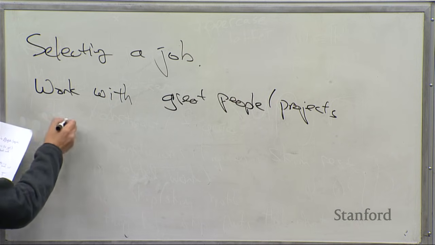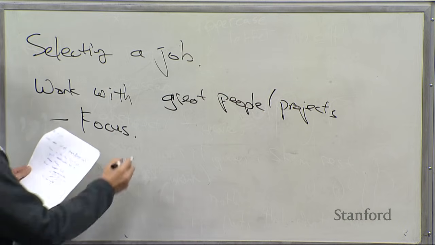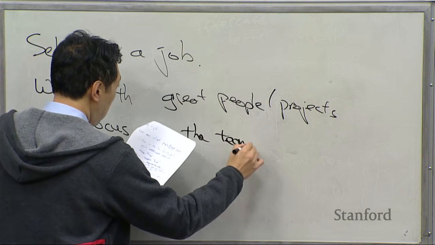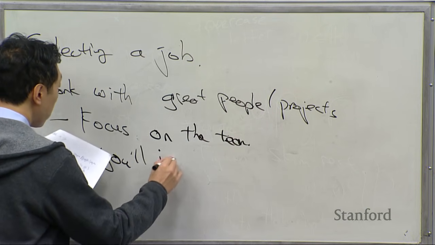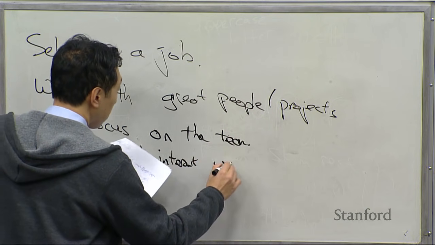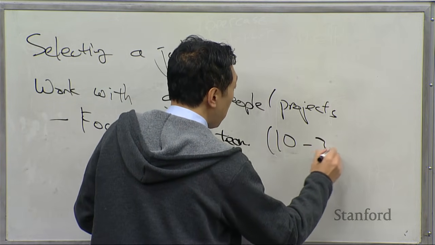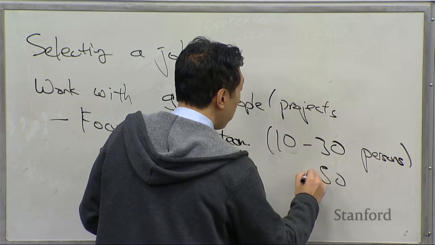So when selecting a position, I would advise you to focus on the team you interact with. By team, I mean somewhere between 10 to 30 people, maybe up to 50.